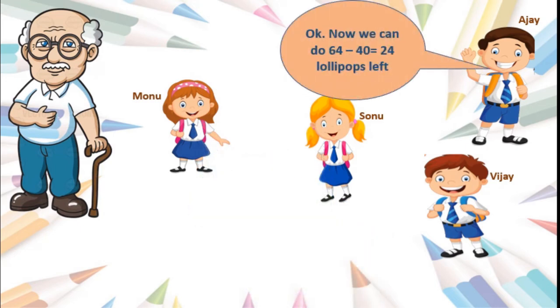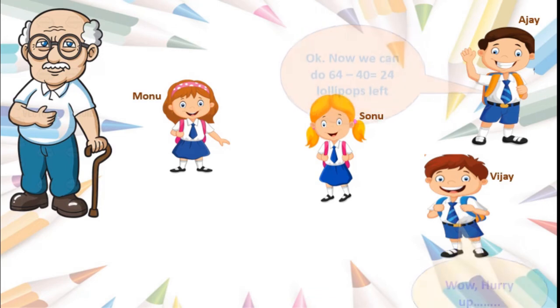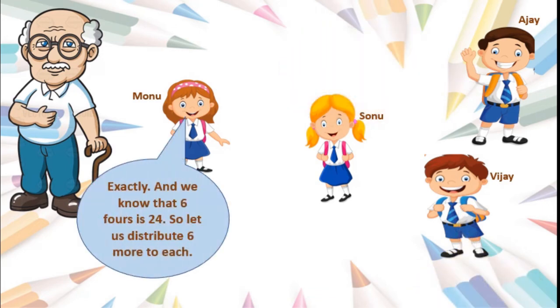Then Ajay said, okay, now we can do 64 minus 40, that is equal to 24. Means 24 lollipops are left. Oh, hurry up, do it fast, Vijay said.